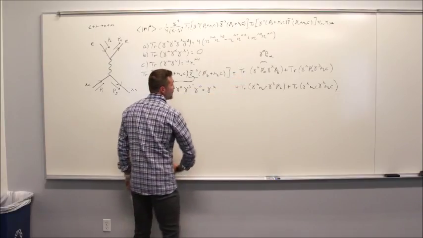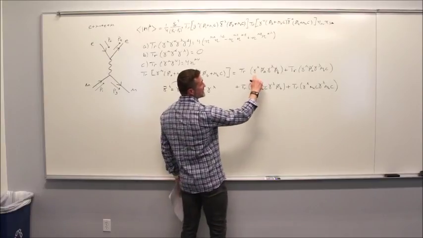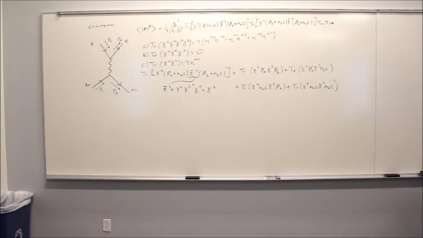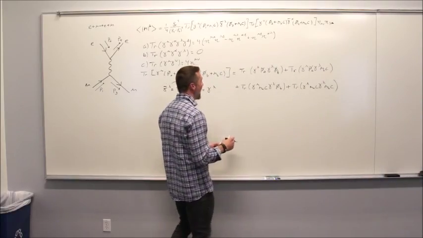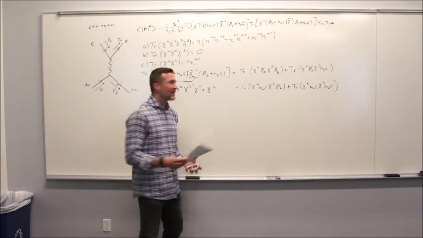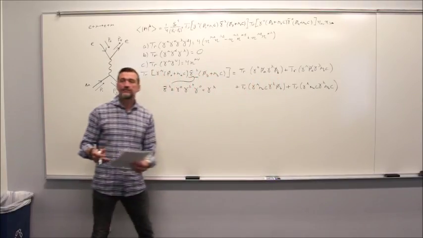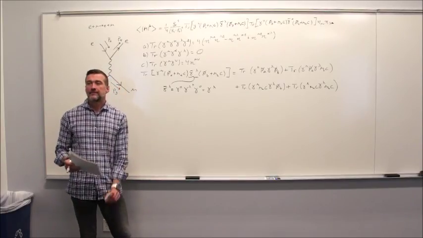If you think about each of these terms for a moment, you'll realize that in this expression, how many gamma matrices are there? Like 6? No. 4.